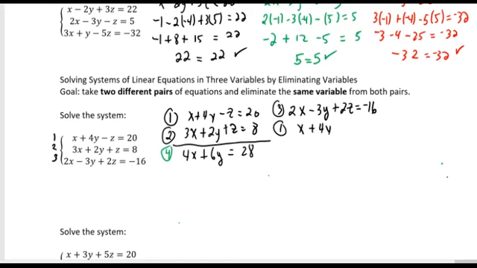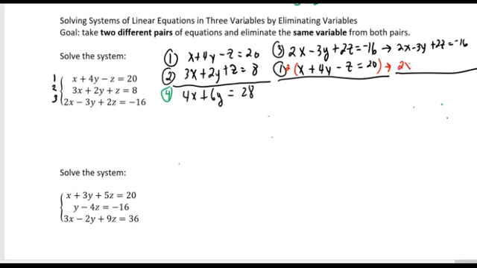eliminate the z. Since we need to have opposite coefficients, I'm going to multiply this whole equation by the number 2. My new equation will be 2x plus 8y minus 2z equals 40. So if I add the equations, I get 4x plus 5y, 2z plus negative 2z is 0, equals 24.